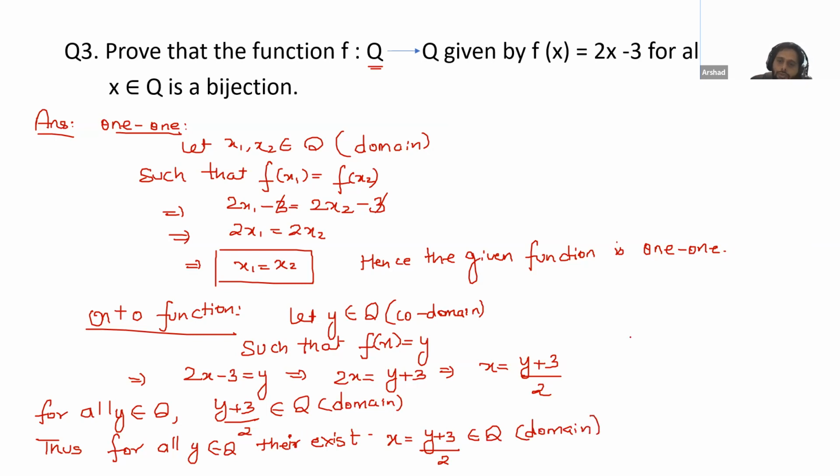Further, I will explain you in a minute. So for all y belongs to Q, there exists x is equal to (y plus 3) by 2 belongs to Q domain such that f(x) is equal to 2x minus 3 is equal to y.